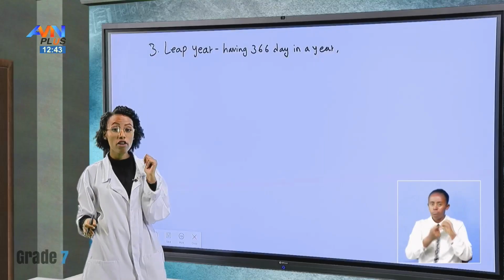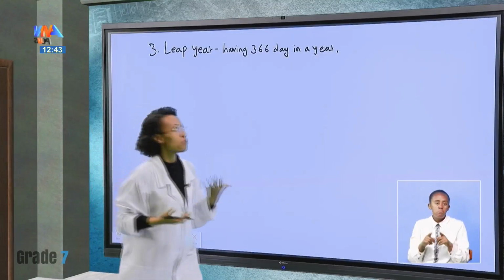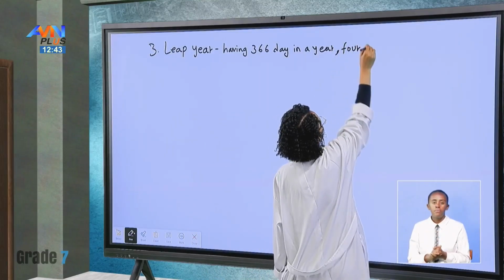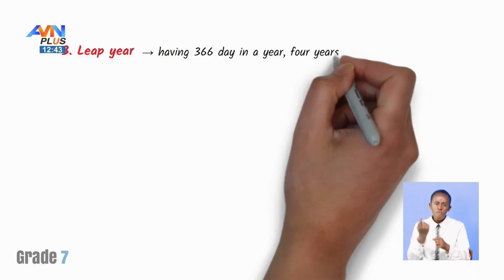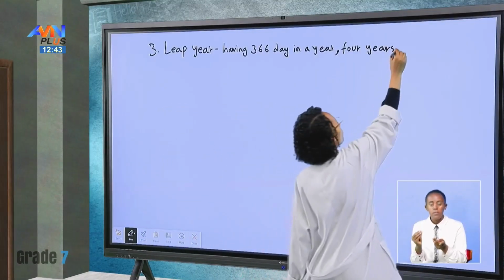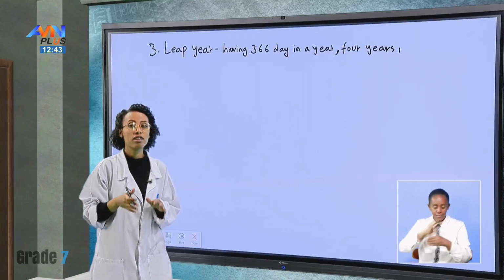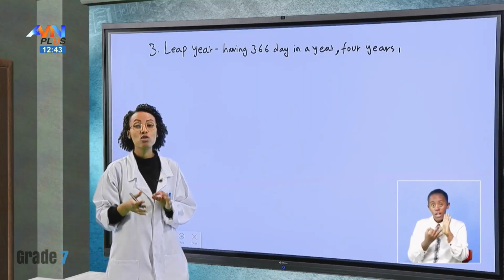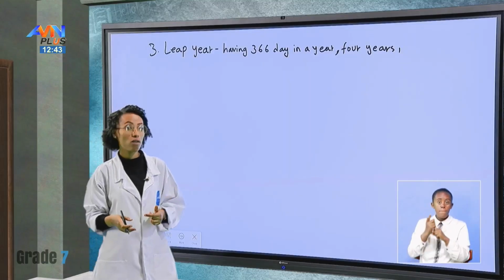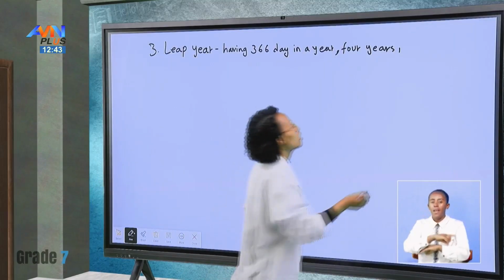So this occurrence happens every 4 years. And we also have always in the calendar, the month February has 28 days. But in the case of a leap year that occurs every 4 years, February has what? 29 days.